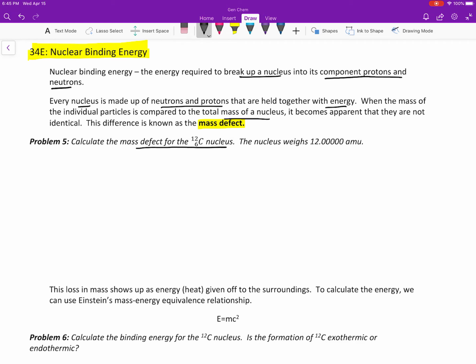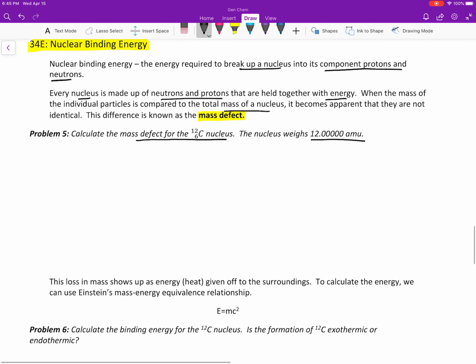Because it's carbon-12, this isotope should weigh 12.00000 AMU. It is a very specific number. It's exactly 12. So let's calculate. The mass defect is going to be the sum of all the individual particles multiplied by how many there are, and then subtract from that the mass that we're given here.